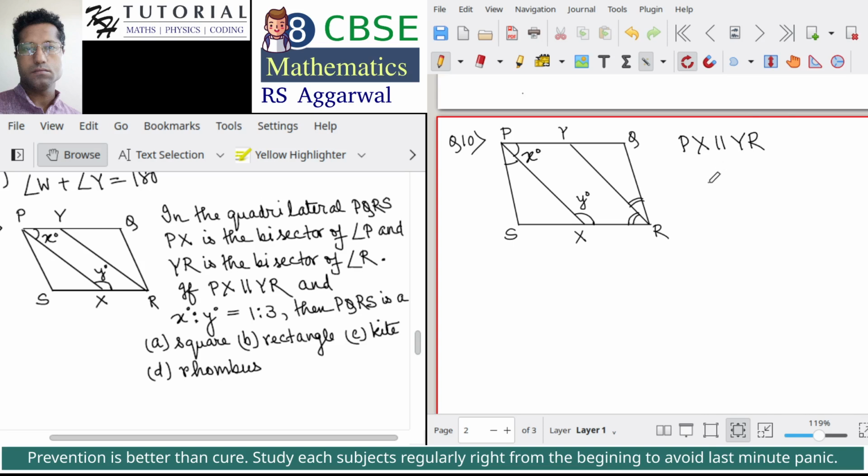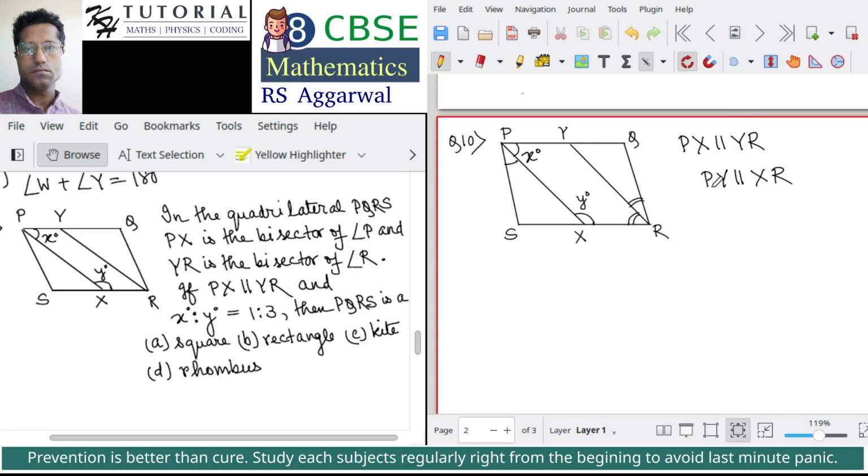But when I was looking at the solution, I saw it was solved using the fact that PY is parallel to XR, whereas in the problem it was given PX is parallel to YR. So this was the problem.